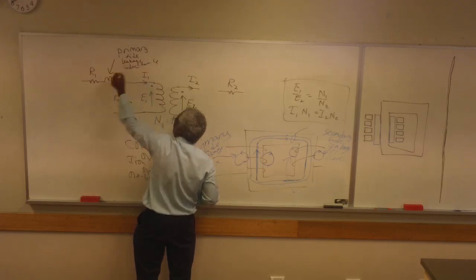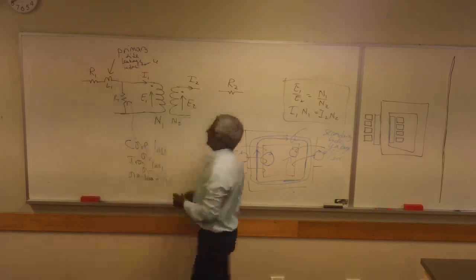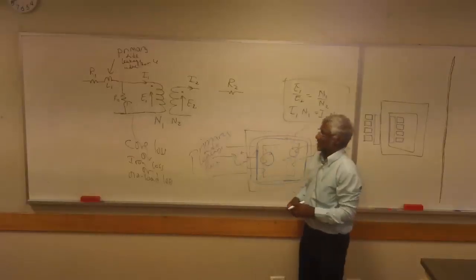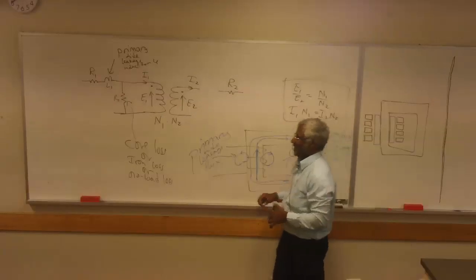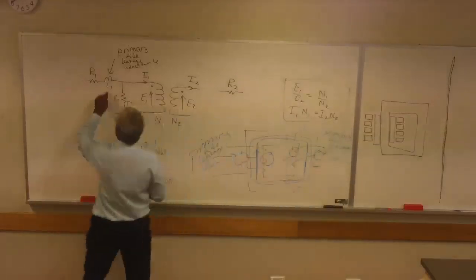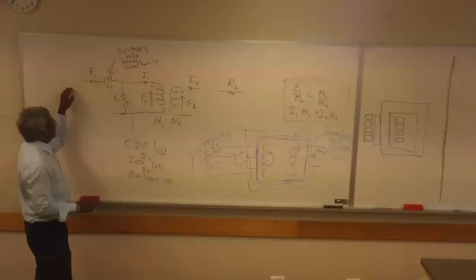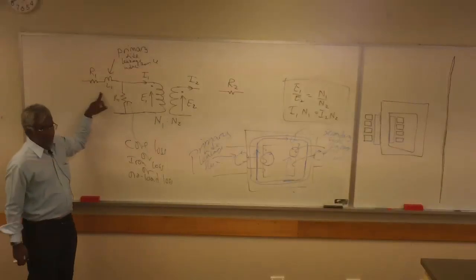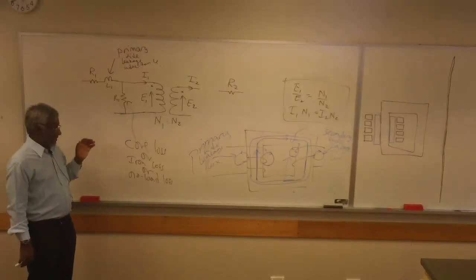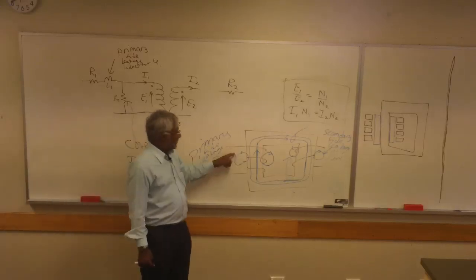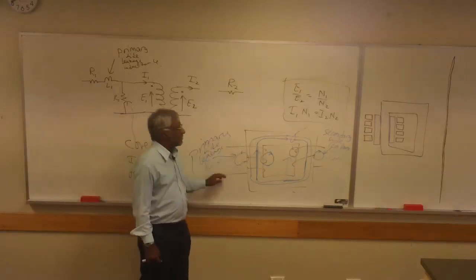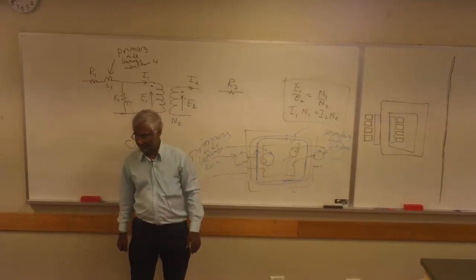Normally called L1, so we'll just say L1 there. Now, the legitimate question to ask is, why is it put in series with the winding current? And the answer to that is that the amount of leakage flux is proportional to the current in the primary winding only.